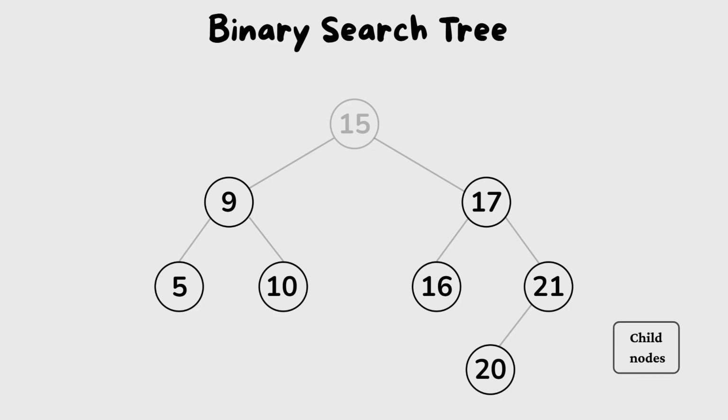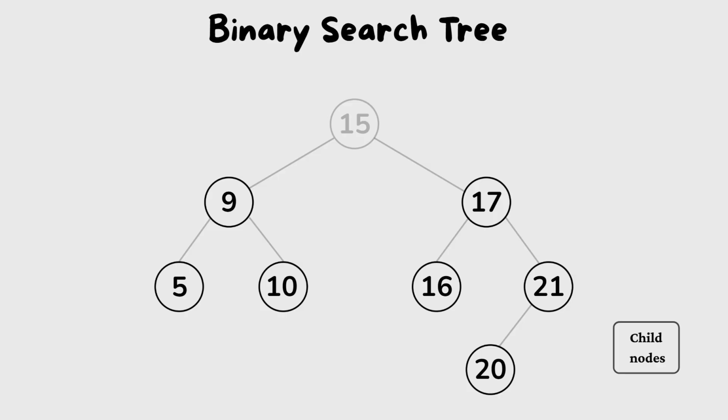So, child node, or the parent node. A child node is a node that comes directly below another node.